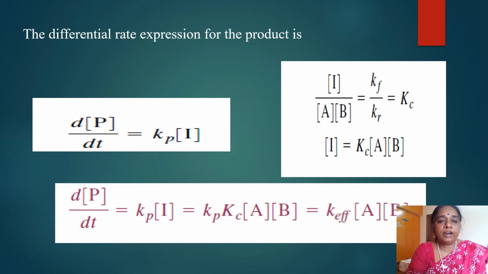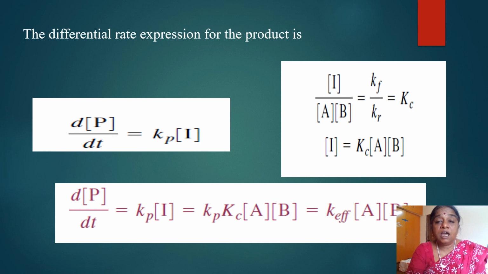The differential rate expression for the product formation is given as dP/dt equals Kp times [I]. Here Kp is the rate constant for the product formation step, and [I] in square brackets represents the concentration of the intermediate, for which we are going to apply the equilibrium constant equation. What is Kc?